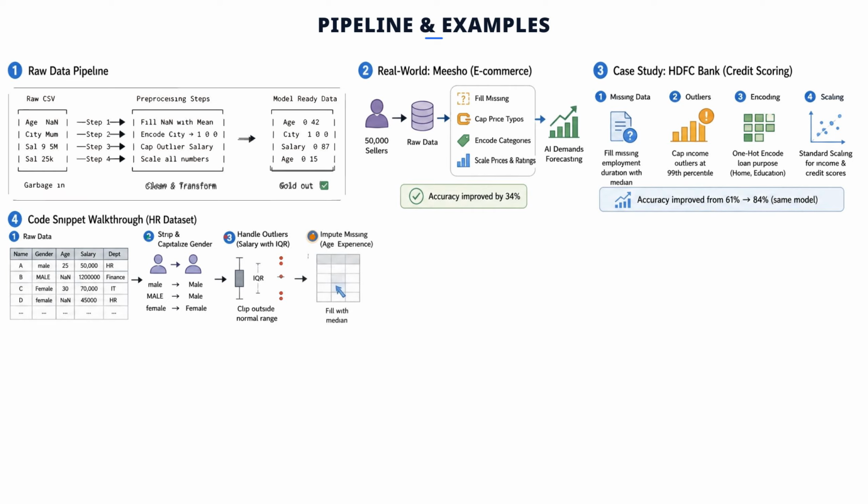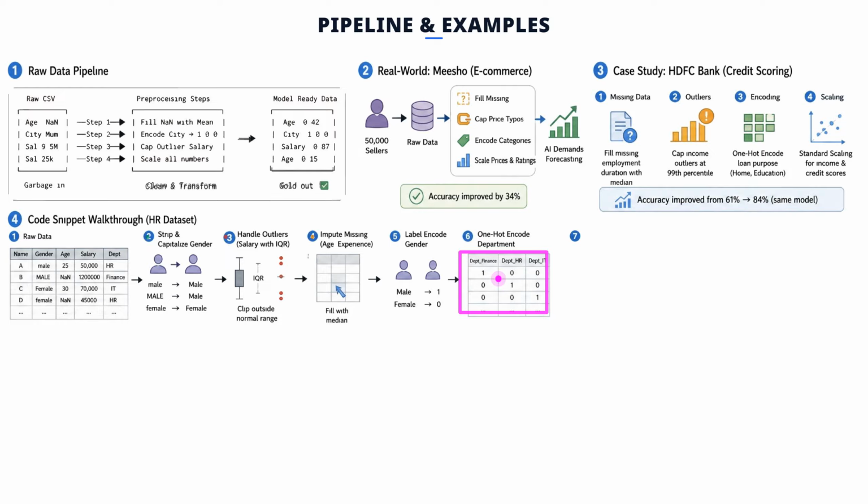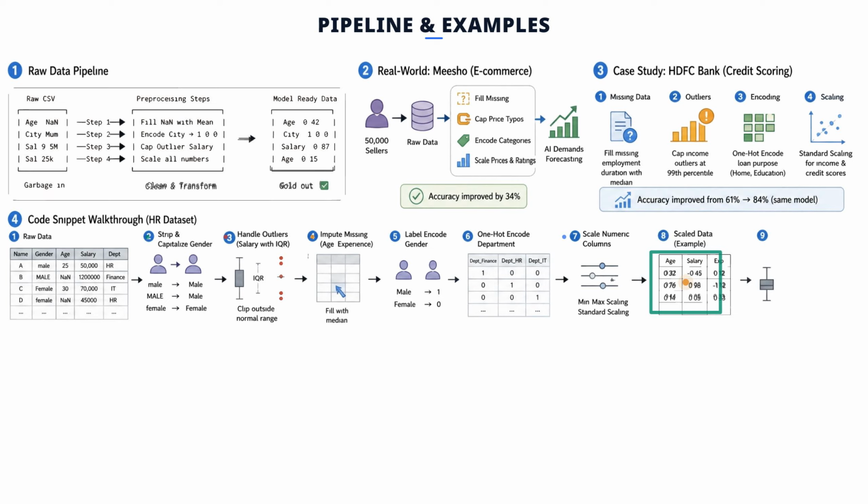Step 4 imputes missing age values with the median. Steps 5 and 6 tackle encoding. We label encode binary gender and use one-hot encoding for the department. Then we scale the numeric columns, resulting in this nice scaled data. You can see the effect clearly in these box plots, showing how scaling shrinks the data into a usable uniform range.